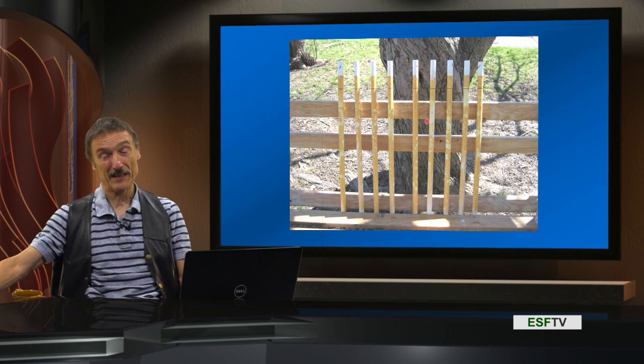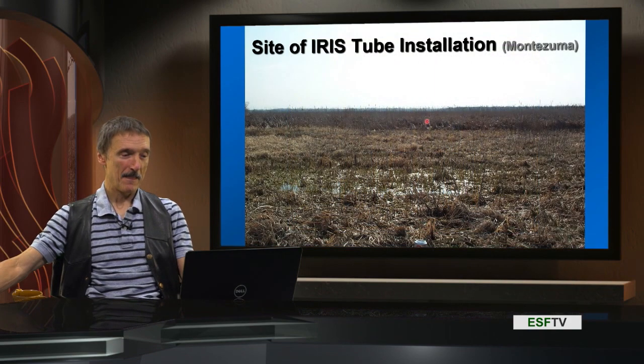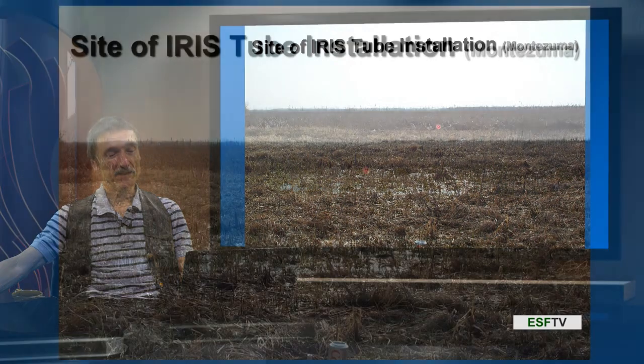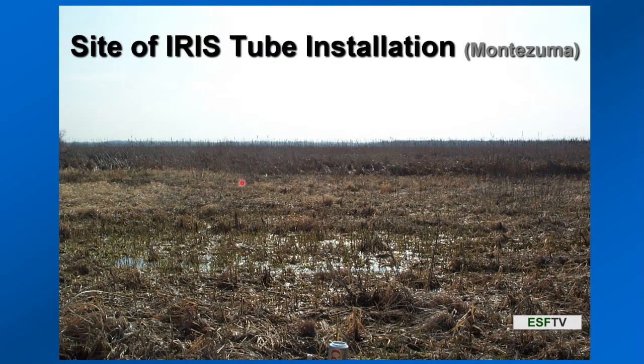It's visual, and you can get a quantitative measurement by the proportion of the paint that's been removed. This is a shot of the site at Montezuma Refuge. These were installed, and it pretty well demonstrates that they effectively show anaerobic areas.